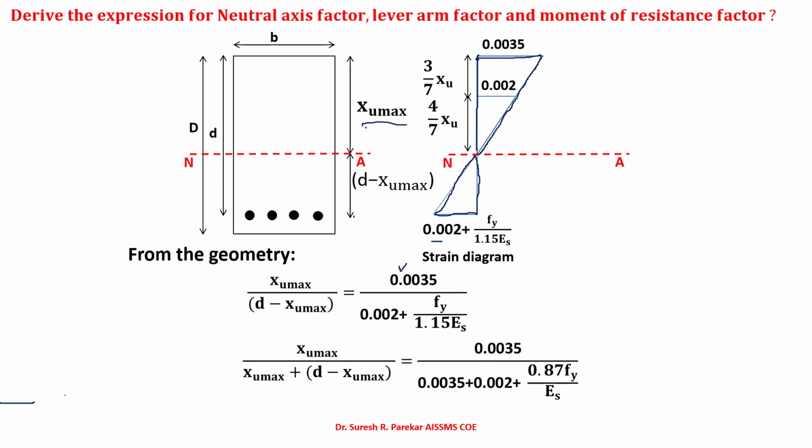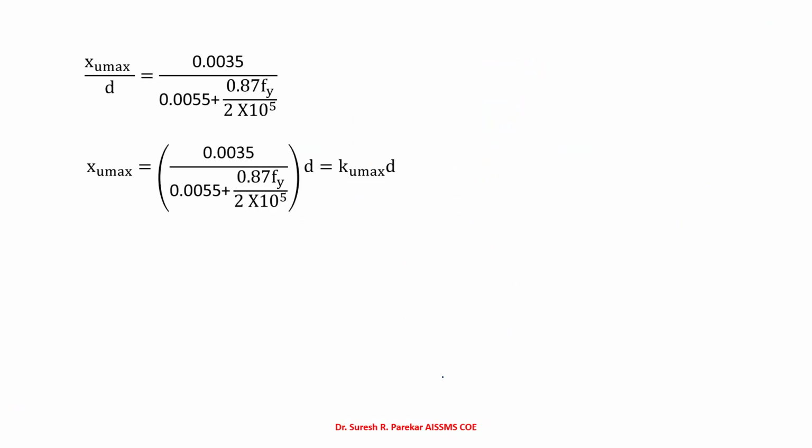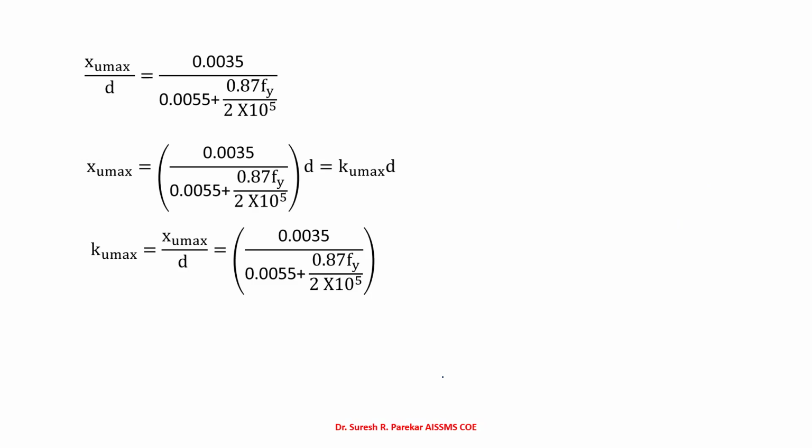Then we have that is dividendo. So dividendo means we are going to add numerator in denominator, and from this we are going to get this xu max, that is equal to 0.0035 upon 0.0055 plus 0.87 fy upon 2 into 10 raised to 5.